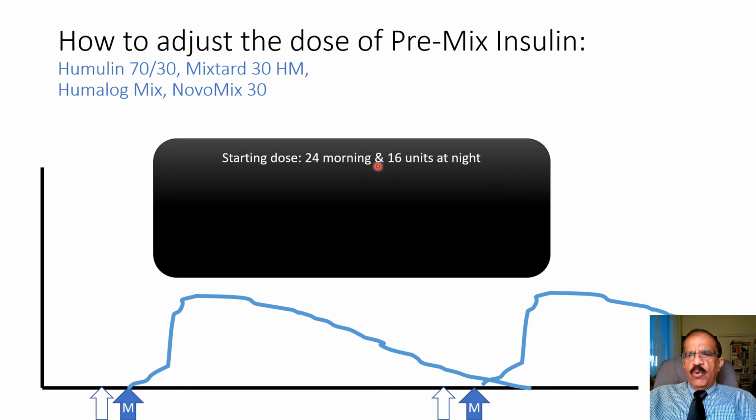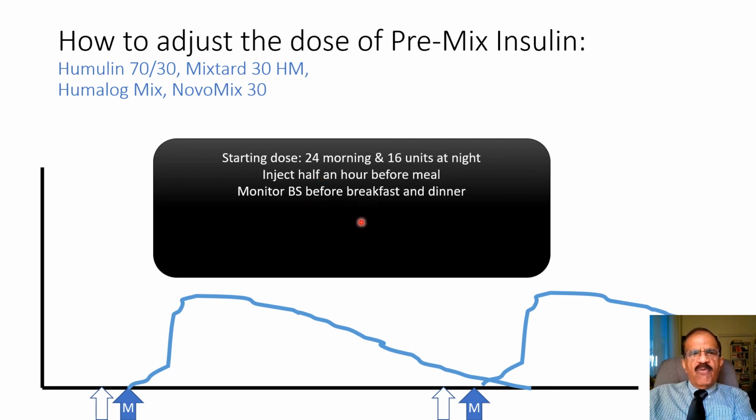Why not the same dose morning and evening? Because after dinner we sleep and we do not take another meal, whereas in the morning after breakfast we take another meal. In this regimen it is twice a day, we do not inject any insulin before lunch, so that is why the morning dose has to be a little higher than the night dose.